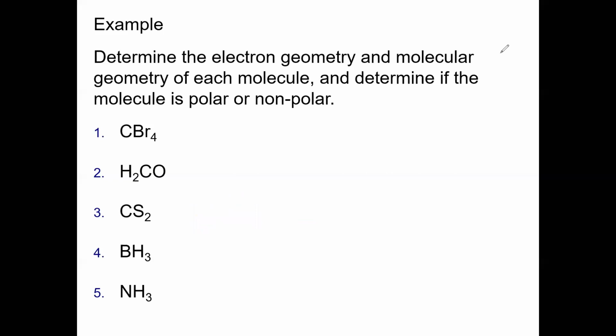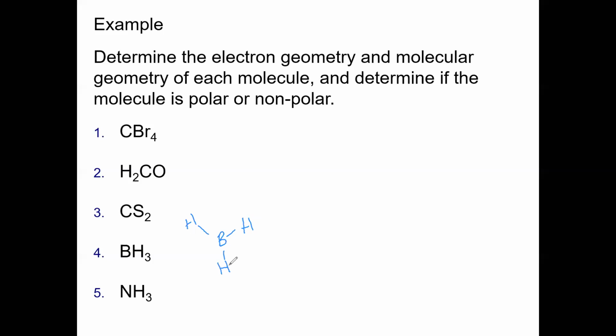We draw out the Lewis dot structure for BH3. We end up with this Lewis dot structure. Remember that boron is not required to have an octet. Often it'll have just 6 electrons around it. So we end up with this geometry. The electron domain geometry is trigonal planar.